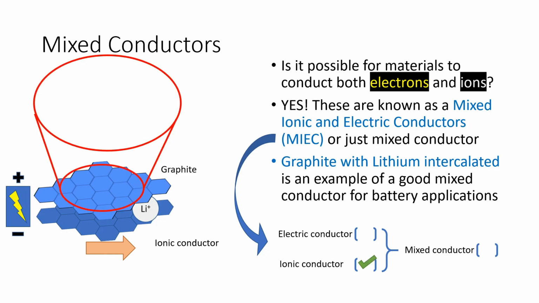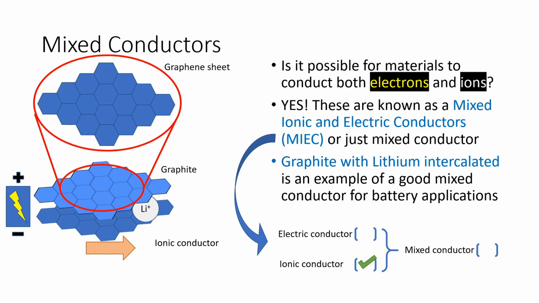And next, we want to zoom into a single sheet of the graphite. And we notice that in a single sheet, electrons can actually migrate across when a potential is applied to it. And so this makes this a good electric conductor. And so, check. Graphite for battery applications is actually a mixed conductor.